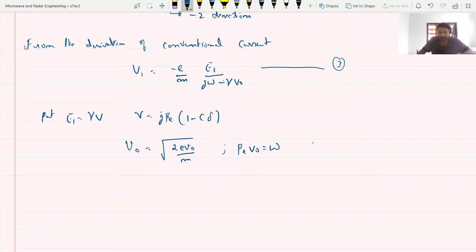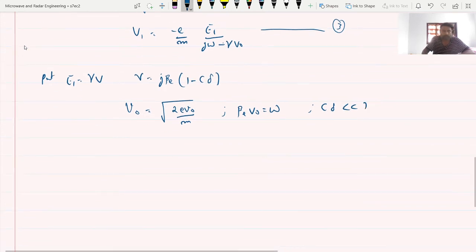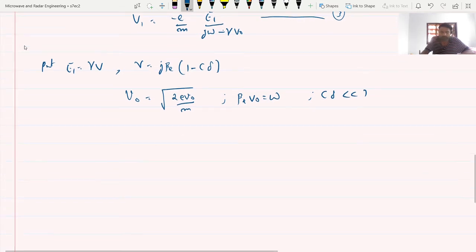And C into delta is very much less than 1. Substitute all these things: E1 is equal to gamma into V, gamma is J beta into 1 minus C into delta, V naught is root of 2 E V naught by M, beta E into V naught is omega, C delta very much less than 1.